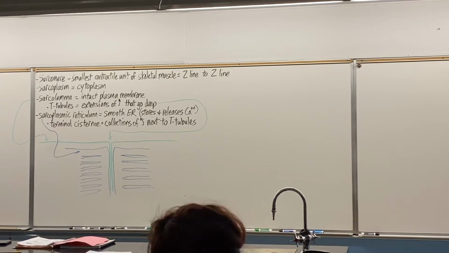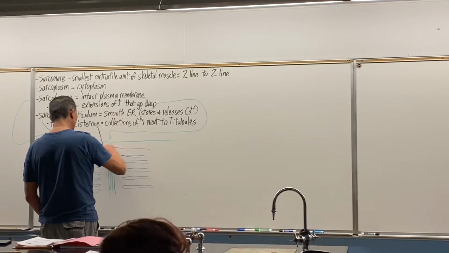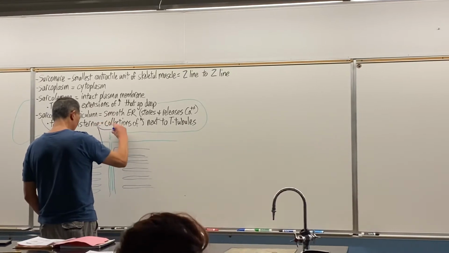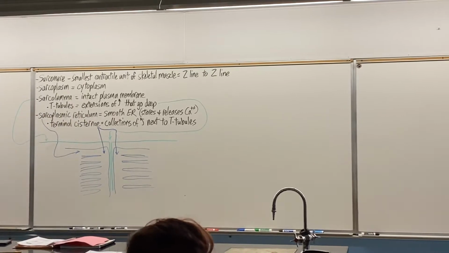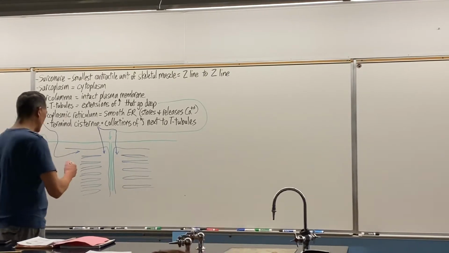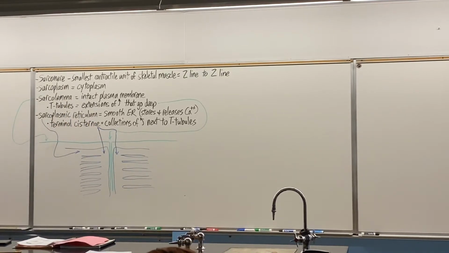But next to the T-tubule, there's going to be a collection on either side of the T-tubule called terminal cisternae. This is a collection of smooth endoplasmic reticulum right next to the T-tubule. Everybody, does this all look familiar from anatomy?